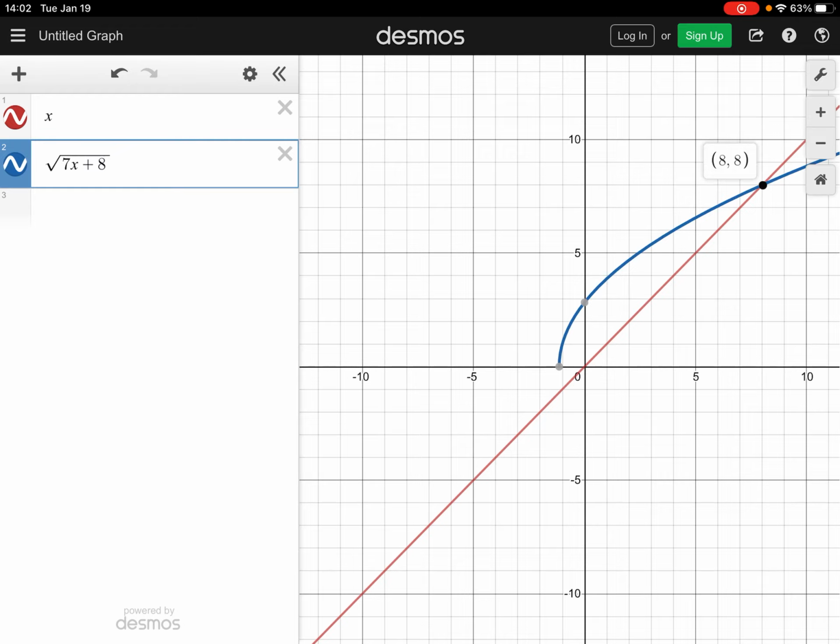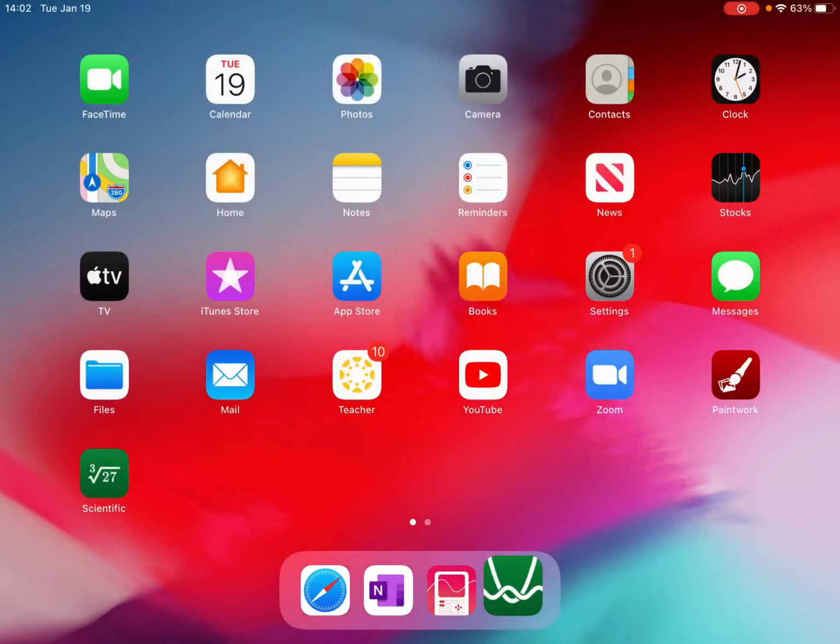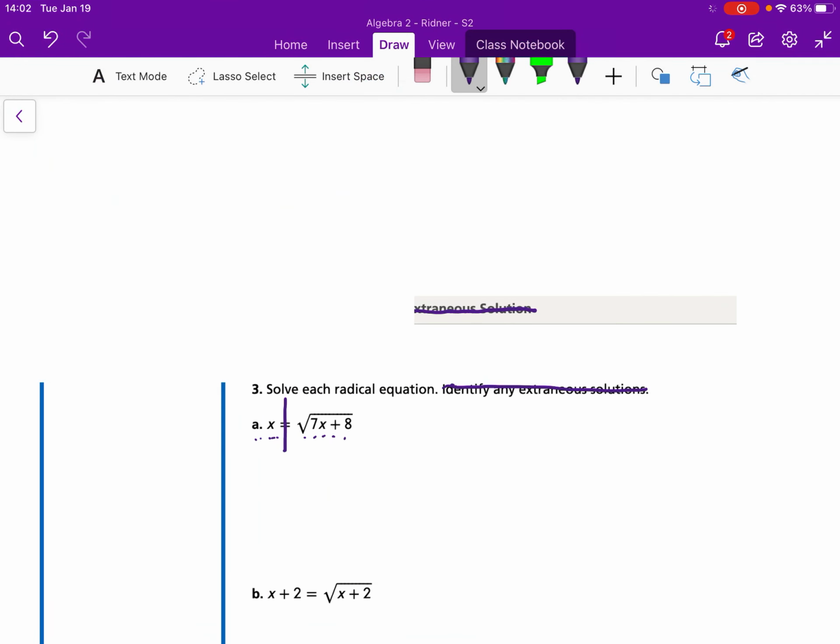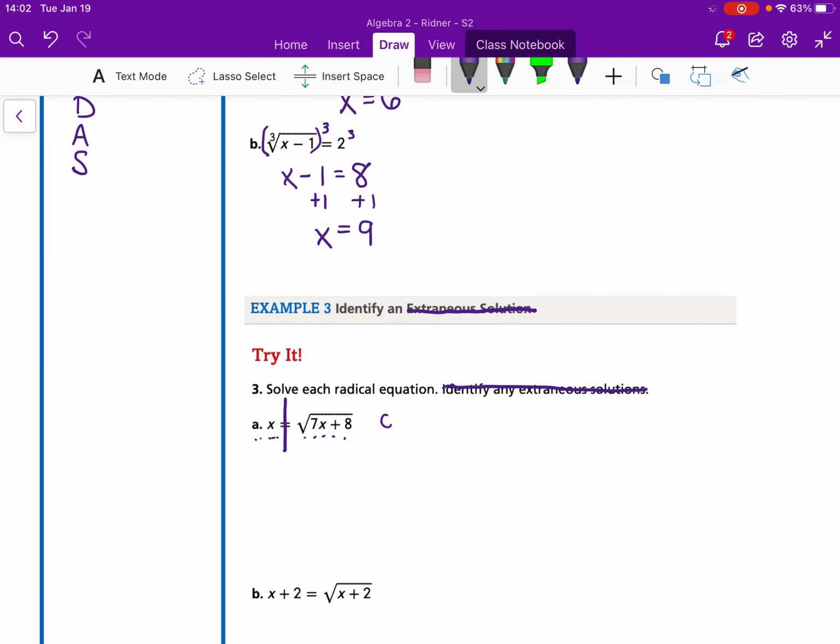So they cross at 8, 8. So even though it crosses at 8, 8, I only care about the x value. So x equals 8.